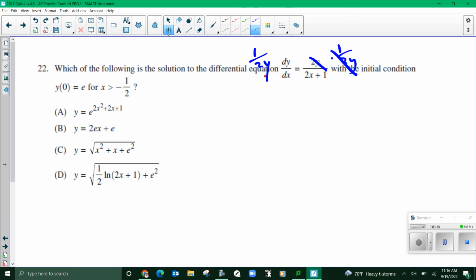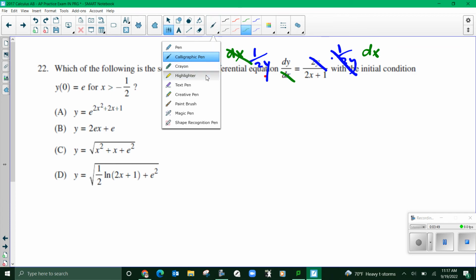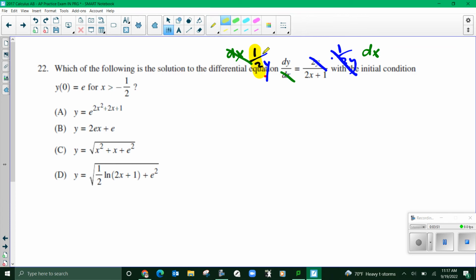So on the left side, I'm going to multiply that by dx. This will cancel with this. And I also got to do that to the right side, dx. So when everything is all said and done, I have 1 over 2y dy on the left, and I have 1 over 2x plus 1 dx on the right side.